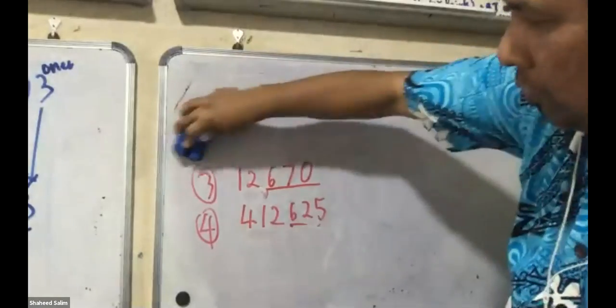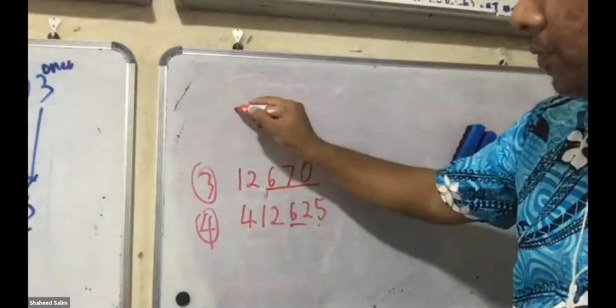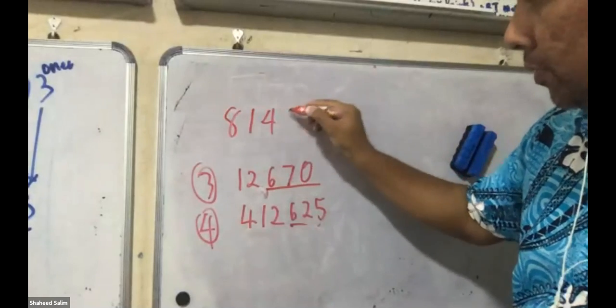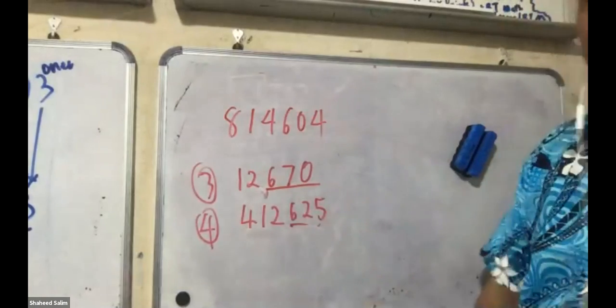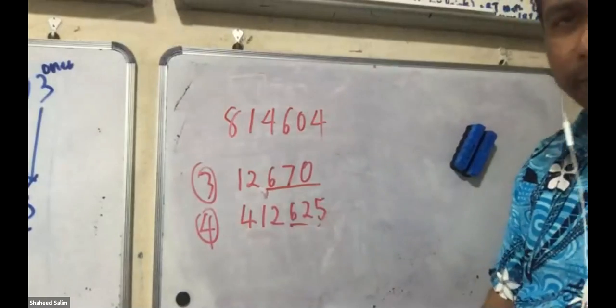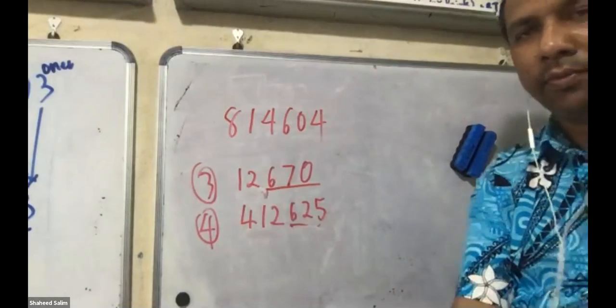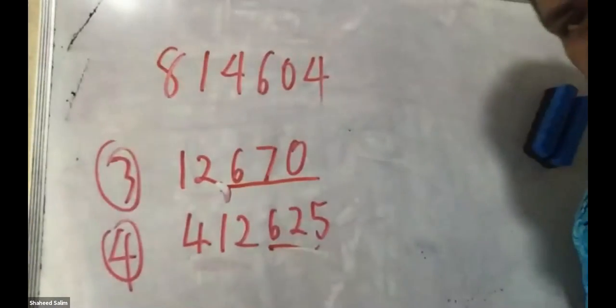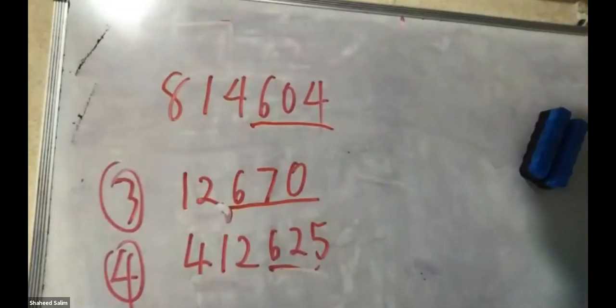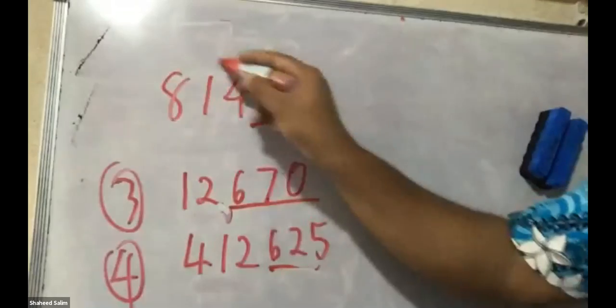Okay, now the next one we'll ask Miss Umaira. Last three first. 604. This one is thousand. How many thousand are there?